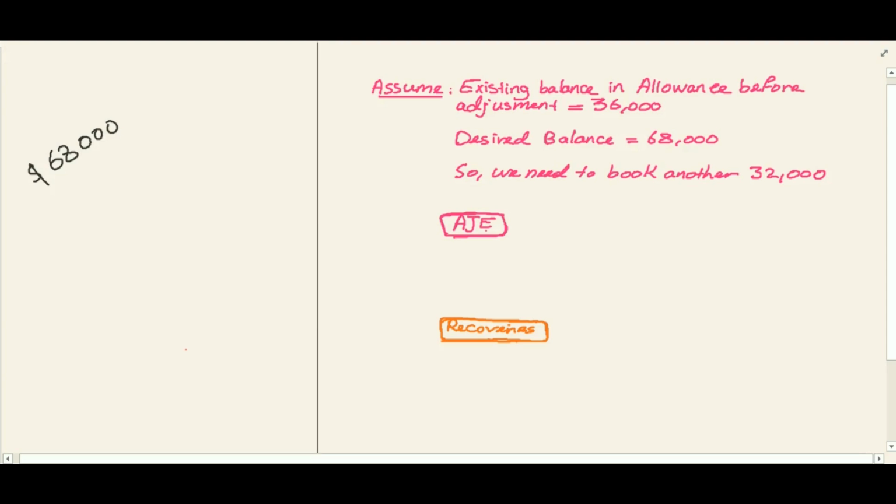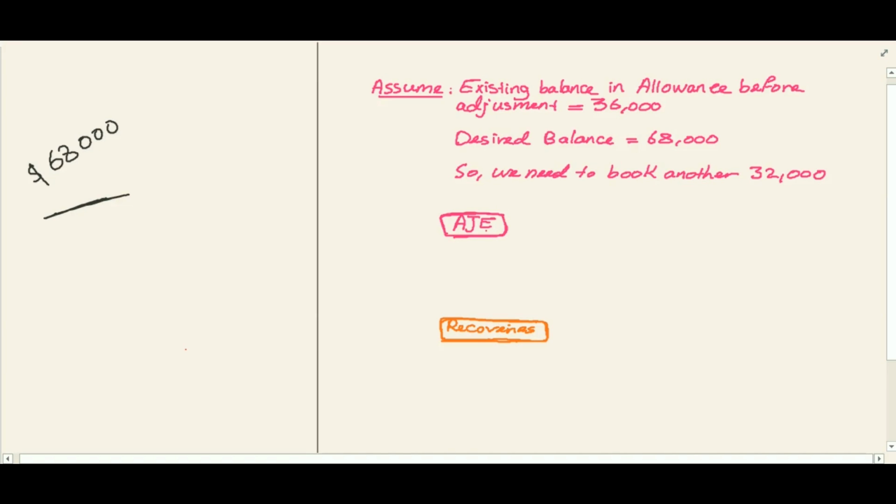So what we need to do is go and see the balance of the allowance before the adjustment. It's telling us that the allowance account balance before adjustment is $36,000, and the desired balance that we want is 68,000, because we have calculated that 68,000 need to be written off.